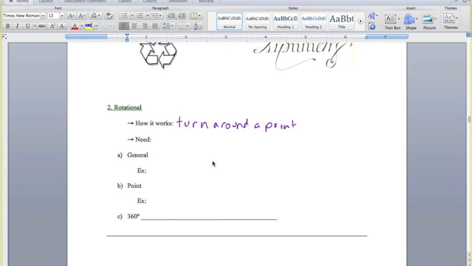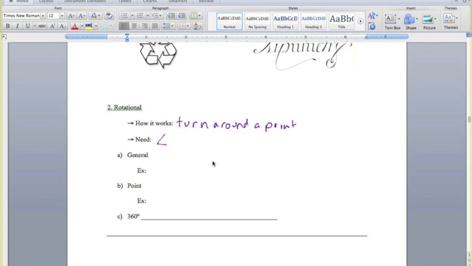For this, what we need is an angle. How far are we going to turn it? Our point of rotation is always going to be exactly in the center of the object. So we're not going to select where the point goes. The point is always going to go exactly in the center of the object. And then we just need an angle for how far we are going to turn it and have it match back up with where it is.